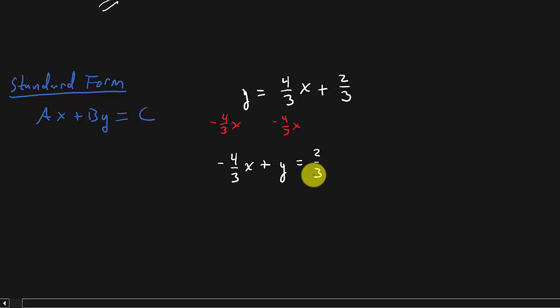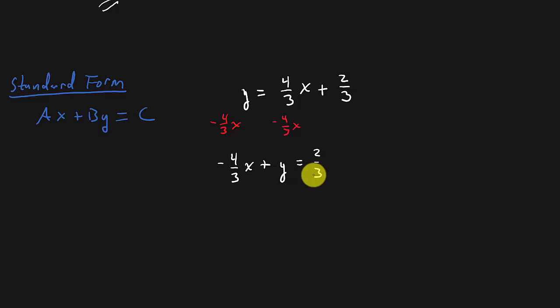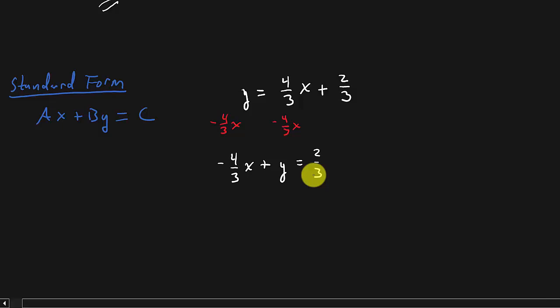Okay? Now, about standard form. Whenever you're looking to write your equation in standard form, you want integers for a, b, and c. You want those to be integers. You don't want fractions.